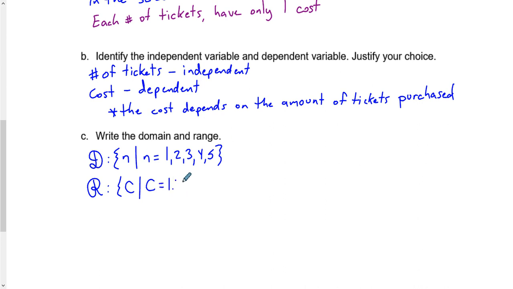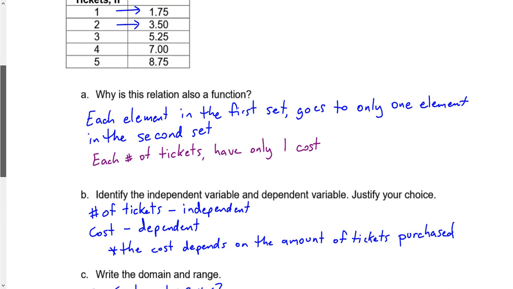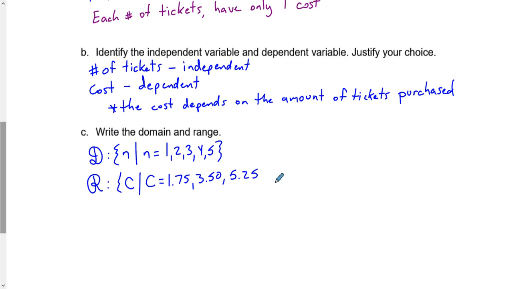Cost is 175, 350. I believe the next number is 525. Yeah. Then $7, and then $8.75. There's our domain and range.